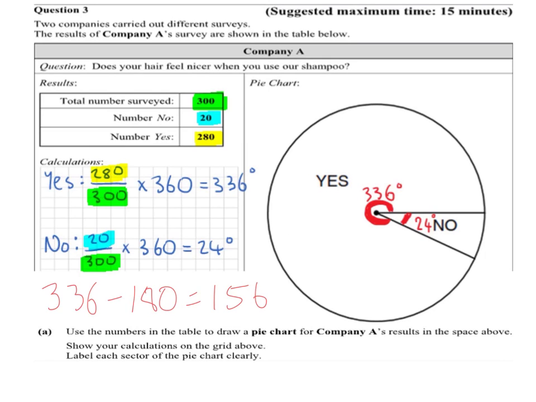Then we did the same to find the angle which represents the people who said no. We got the number of people who said no, which was 20, divided it by the total number surveyed, 300, and multiplied by 360. So 20 divided by 300 multiplied by 360 is 24 degrees. So we drew in our angle of 24 degrees and labelled it as no.